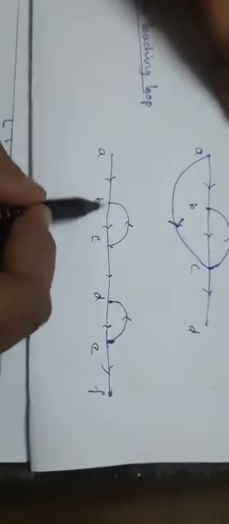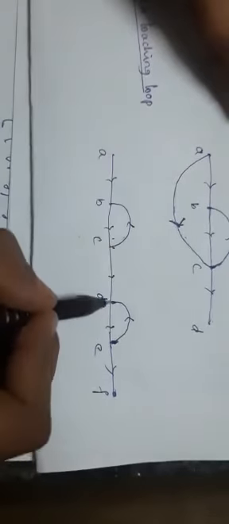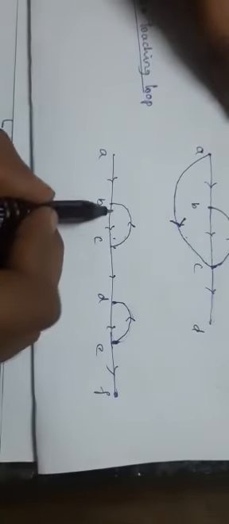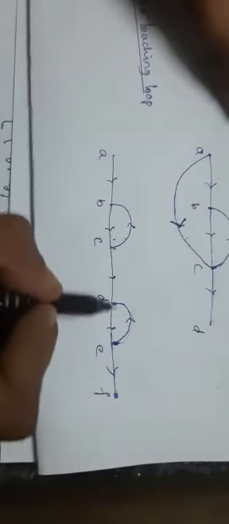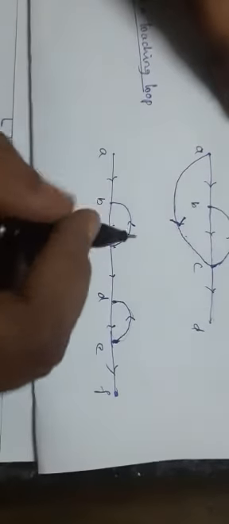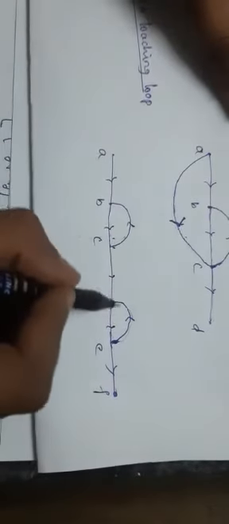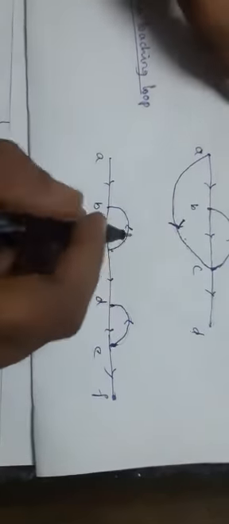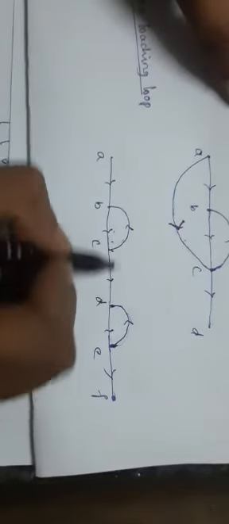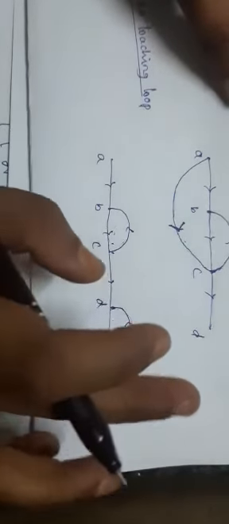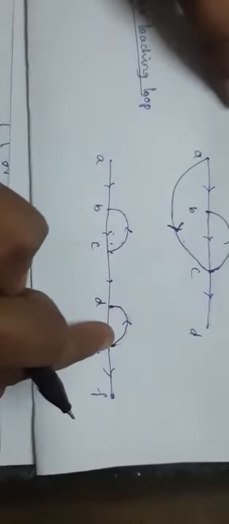First see the condition: this is a loop and this is also a loop. Is any node common between them? No. So these are two non-touching loops. There is no common node between the two loops.